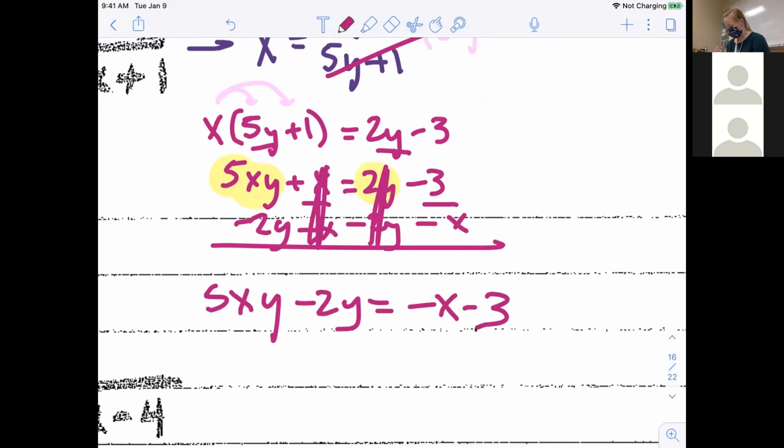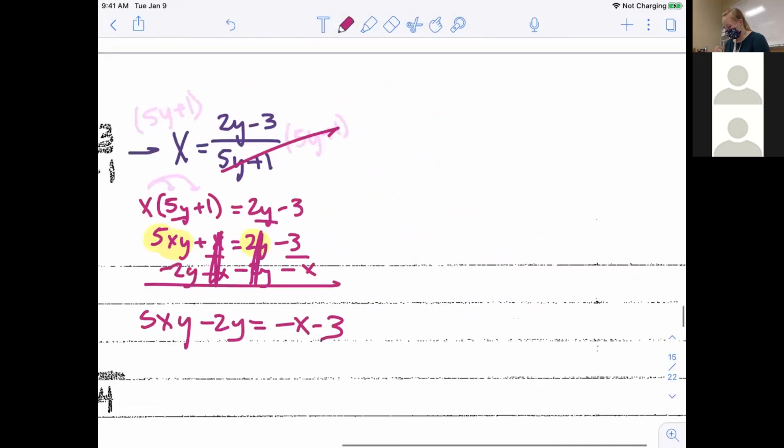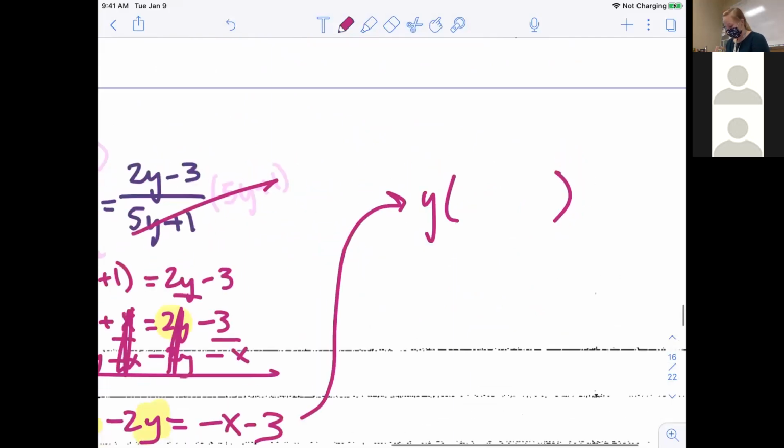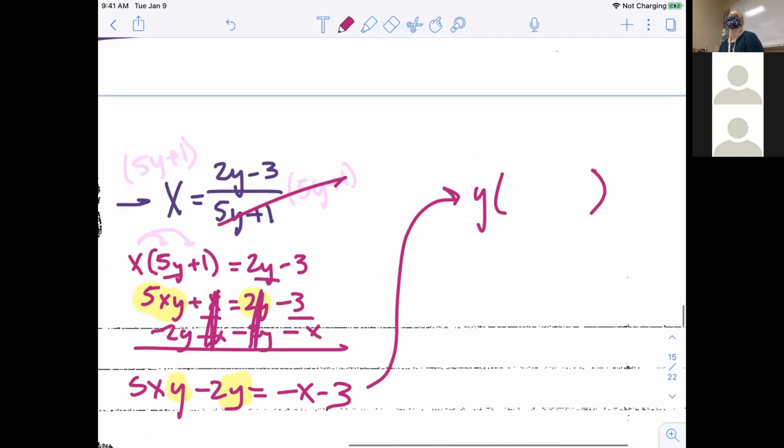We're almost there. In order to get my y by itself, you can factor it out of both of those terms. I got a y in both, so I can take it out. Y, and what's left if I factor a y out of the left side? 5x minus 2.